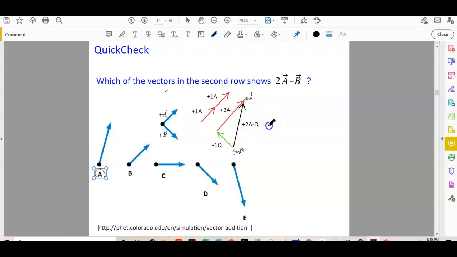I just want to add something really quick to add some depth to this. If I had used this component here, and I could add this in any way I want to, if I added the 1A vector right here, and then let's say I wanted to add the -B vector here, and then add another positive 1A vector here.